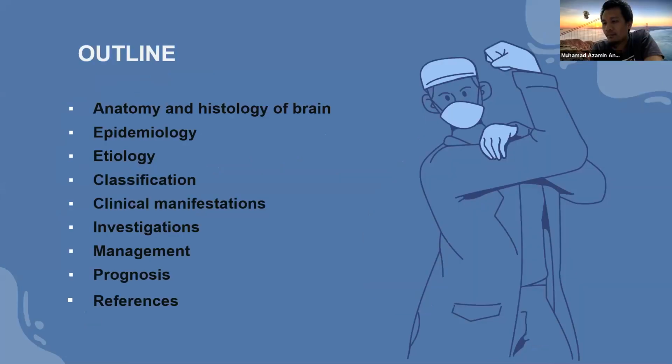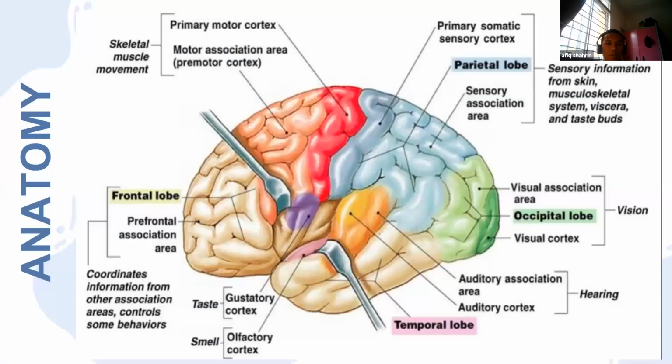So next. Here is my outline, starting from the anatomy up until prognosis. So first, let's take a look at the anatomy of the brain. The nervous system can be divided into the central and peripheral nervous system. And in the central nervous system, we have the brain and also the spinal cord.